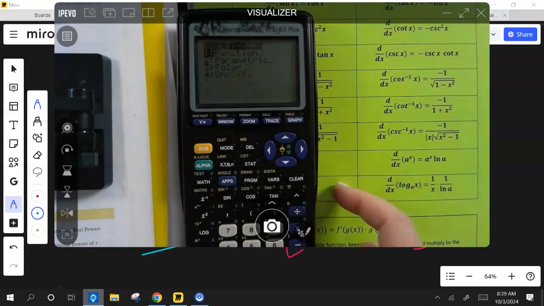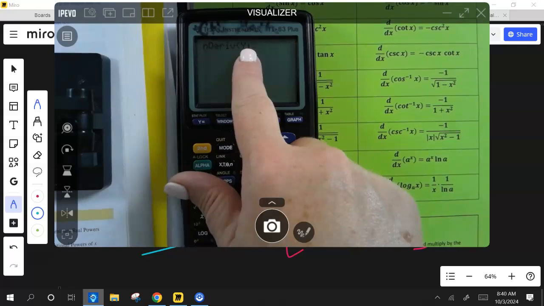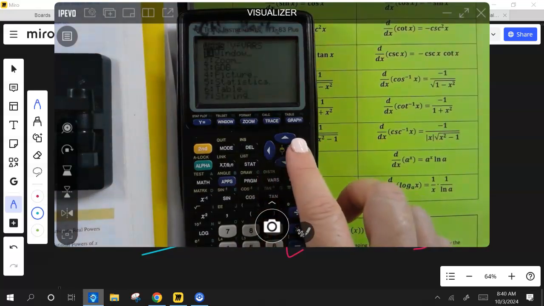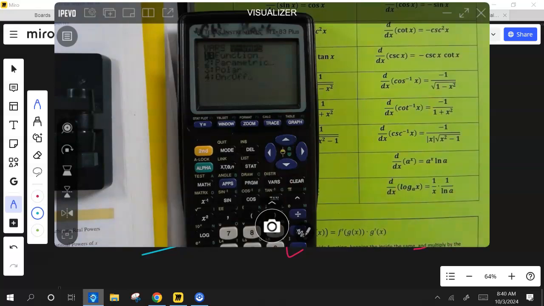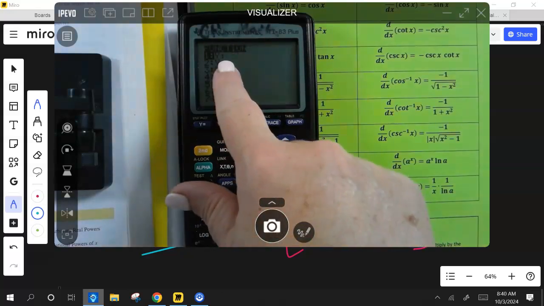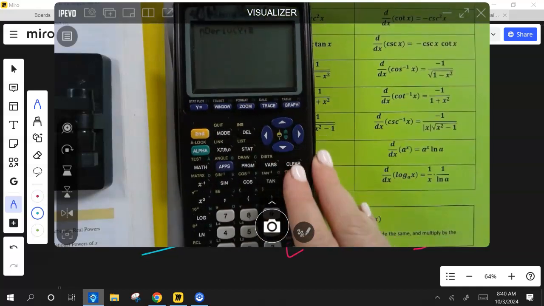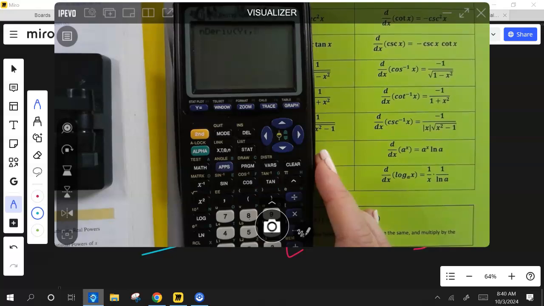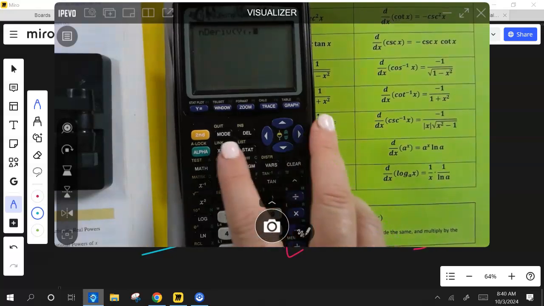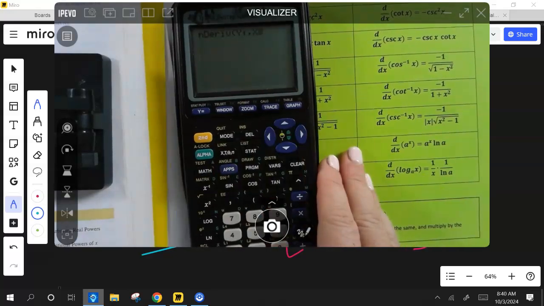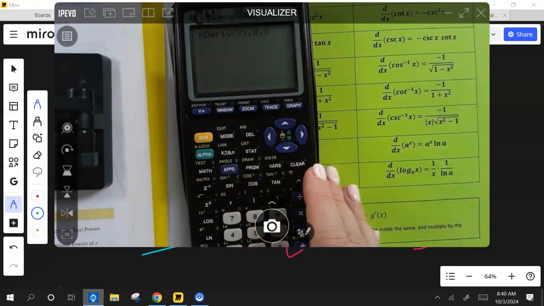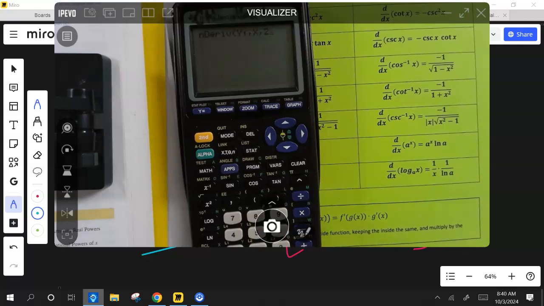Over, enter, enter. That says take the derivative of y1. I did vars and then I went over 1 to function, hit enter, and then chose y1. Then do a comma, and you have to tell it the variable that you're taking the derivative with respect to. So that's always your x. Then comma, now the value at which I'm doing it, which is 2.